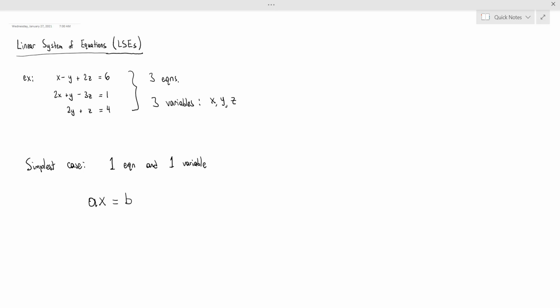And in this simplest case, we know how to solve for x already. So if we wanted to solve for x, what would we do? We would divide both sides of this equation by a. And dividing by a is the same as multiplying by a to the negative 1, so I'm going to write it like that.